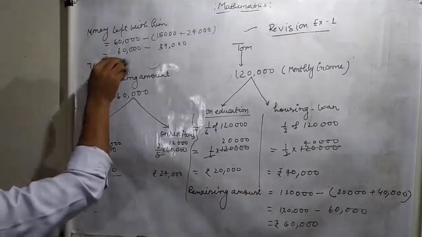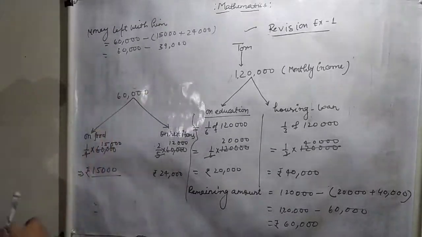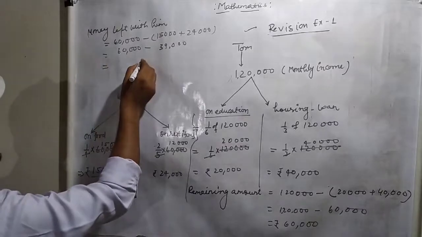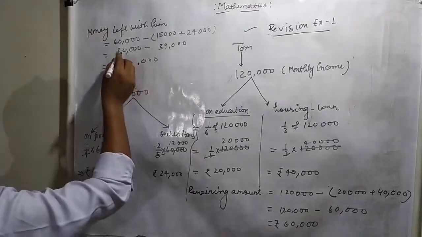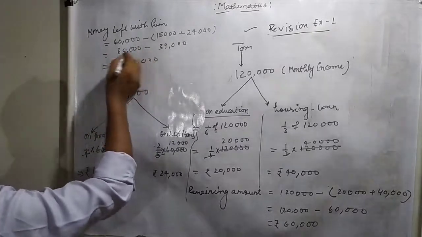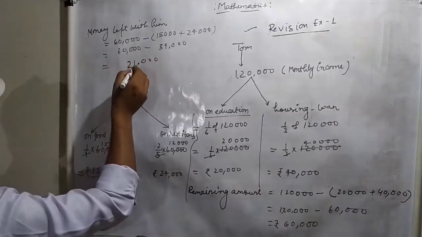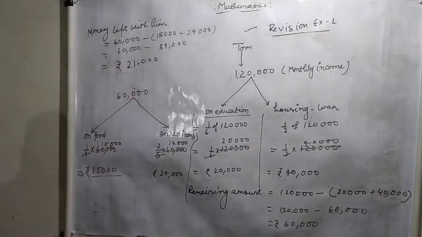Subtract this one. If you subtract, you will get 0, 0, 10 minus 9 is 1, and 5 minus 3 is 2. So he has left with 21,000 after this expenditure.